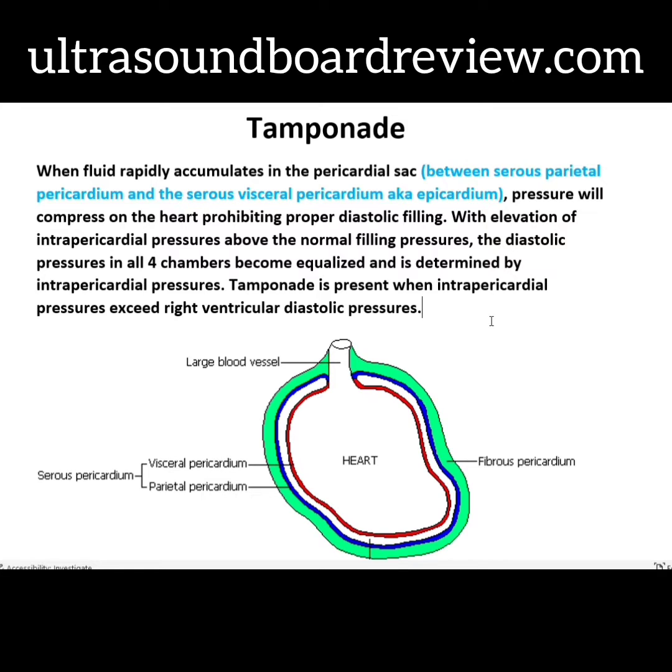You'll scan patients, especially cancer patients who are on chemotherapy or radiation therapy. They will build up fluid around the heart, but it doesn't accumulate as fast as someone who is in tamponade.